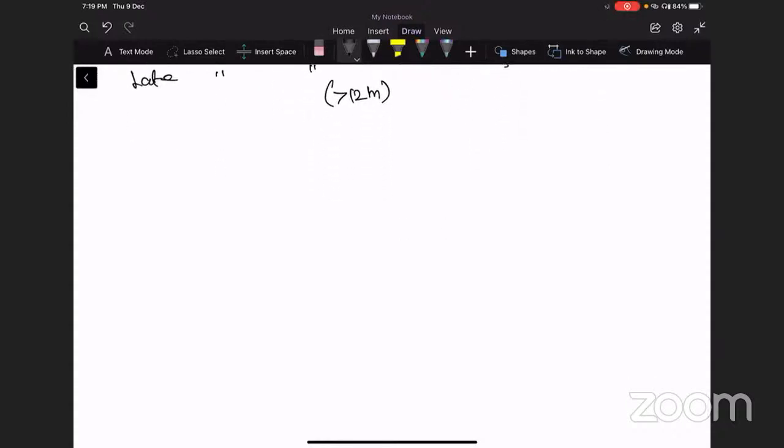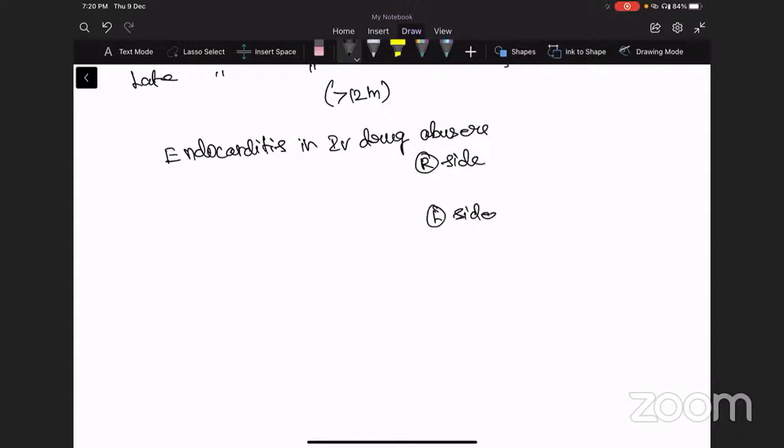Endocarditis in IV drug users or abusers. Right-sided is caused by staph aureus.